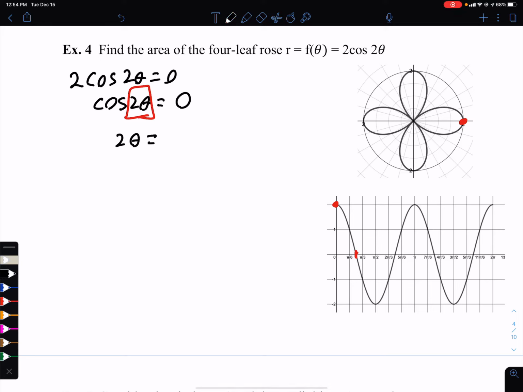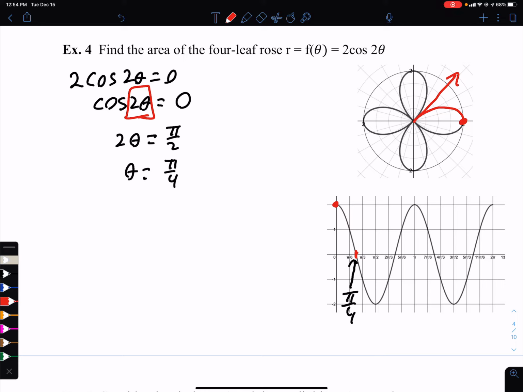The first time that happens is pi over 2. Divide both sides by 2, we get pi over 4. So now we know this point here is pi over 4. So graphically, looking at this, here's pi over 4. So as I go from 0 to pi over 4, the r gets smaller and smaller and back to 0. So it's going to be that portion there.